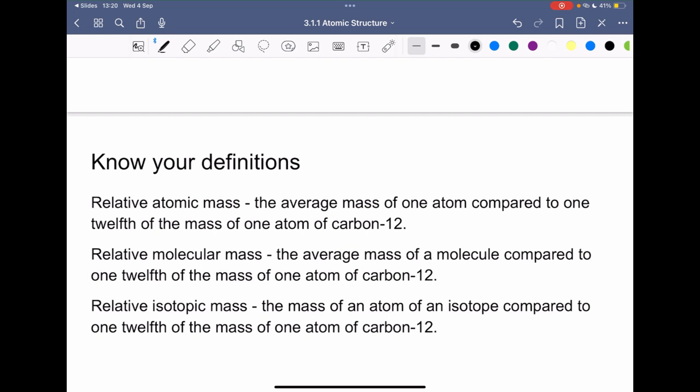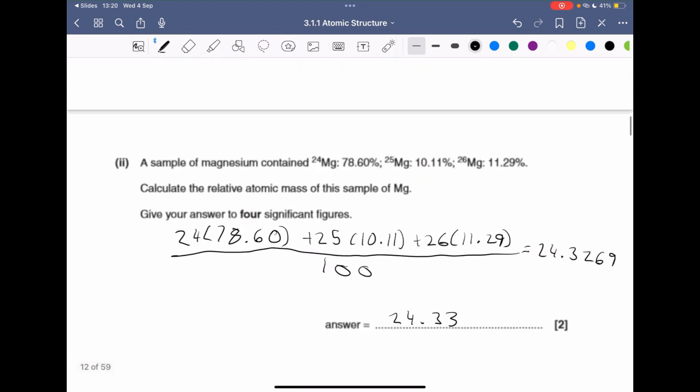So instead, we just say on a scale where carbon-12 weighs 12, that basically means one proton has a mass of 1. So that's what this whole thing means. And then the average mass of one atom is just about the calculation that we did before.